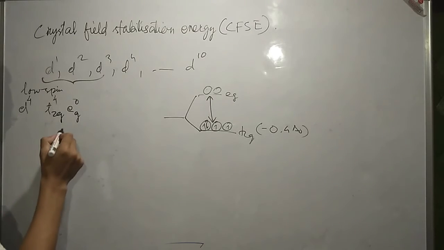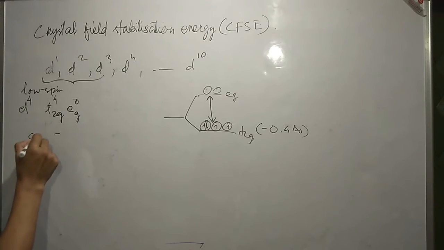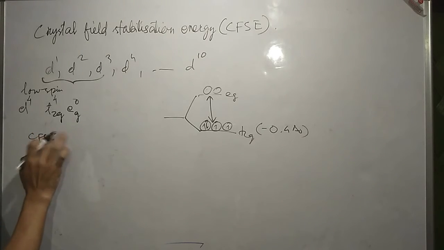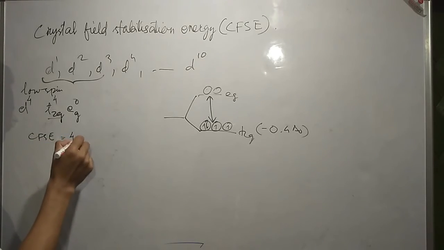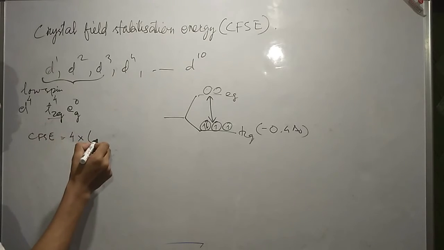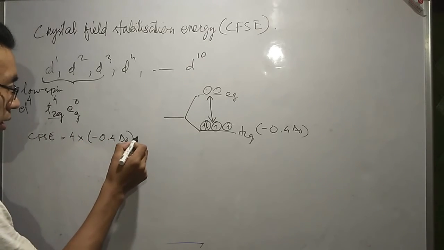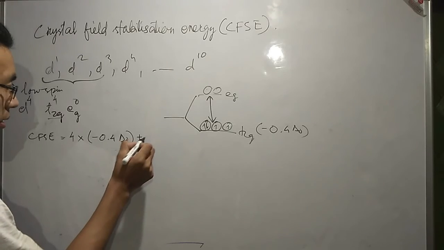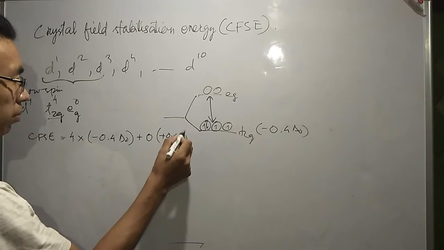Now CFSE equals, in the T2g set, 4 electrons multiplied by the energy, minus 0.4 delta 0, plus 0 into plus 0.6, which will not make any sense.